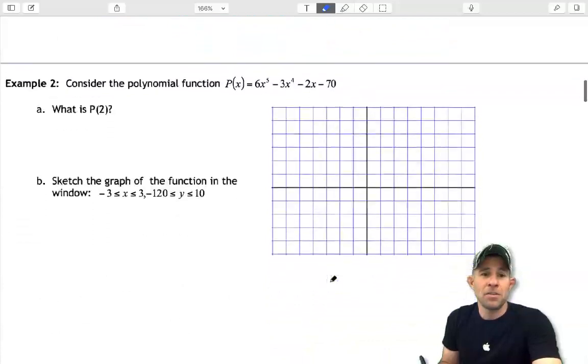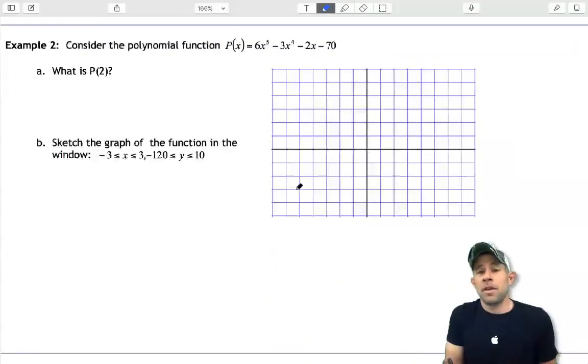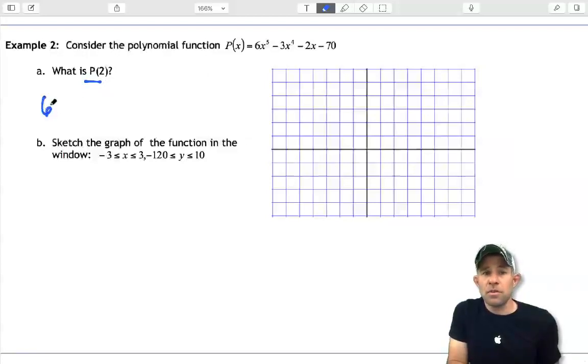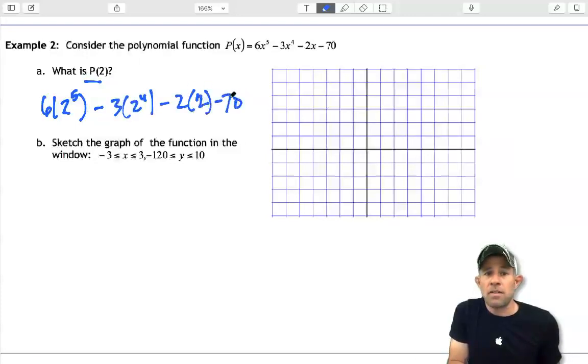All right, example 2 says to consider this polynomial now, 6x to the 5th minus 3x to the 4th minus 2x minus 70. Find p of 2. So remember, whenever we see the 2 in the parentheses there, that means we are going to substitute that 2 in for x into our polynomial. So that will read 6 times 2 to the 5th minus 3 times 2 to the 4th minus 2 times 2 minus 70.